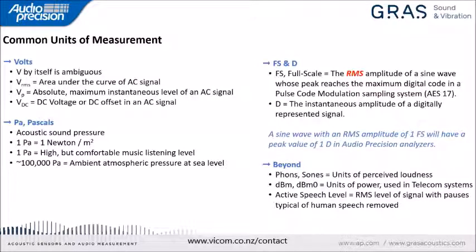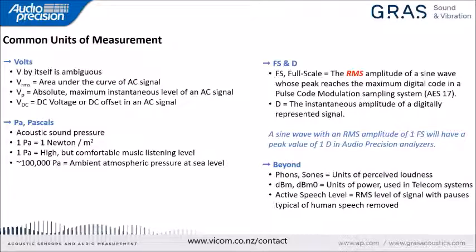Now, this is a very quick review of the most fundamental units. What I will say is there is a rich world of units beyond these simple amplitude units. There are units that cover perceptual loudness, such as fawns and sawns. There are units for audio power, such as dBm and dBmo.